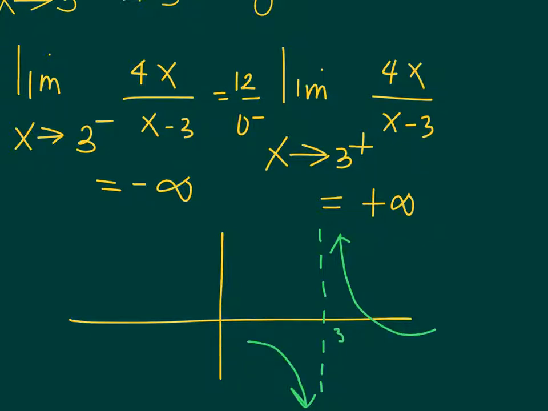It could be above the x-axis, it could be below the x-axis. But what we know is that from the left it's going to negative infinity, and from the right it's positive infinity. And choosing between jump or infinite, it's very obvious that it's an infinite discontinuity. That's how we name the type of discontinuity.